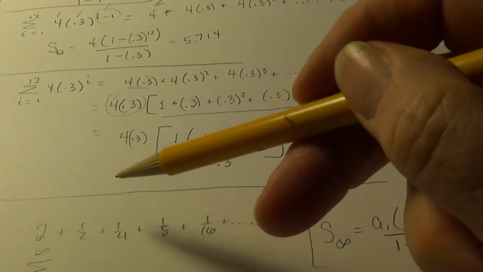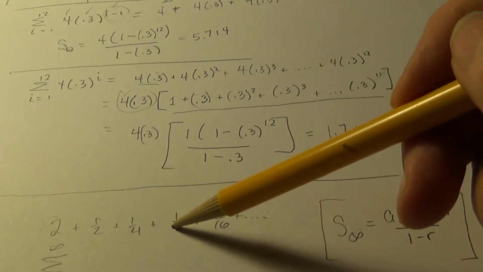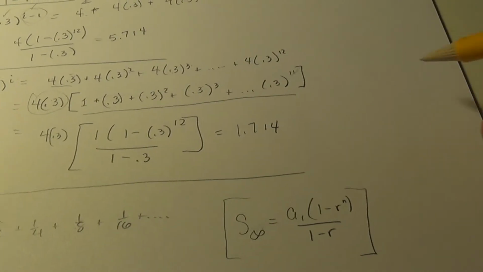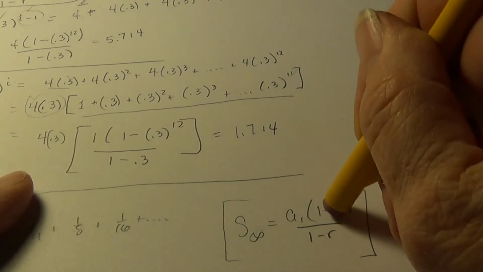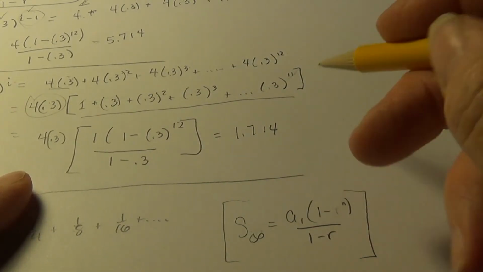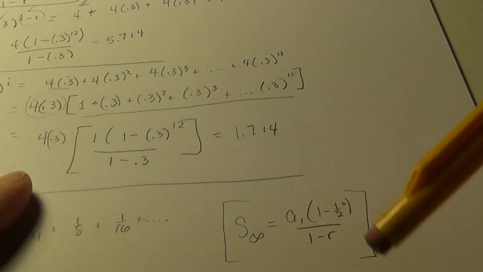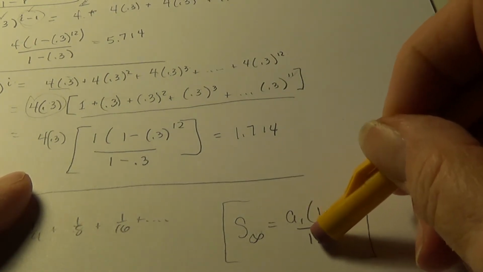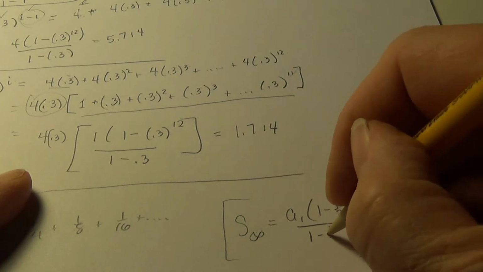So what is r in this example? r is 1/2. So if I replace the r's with 1/2, our n is going to go on for infinity.